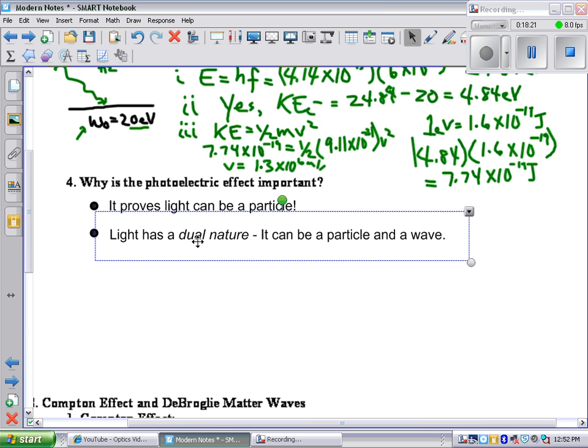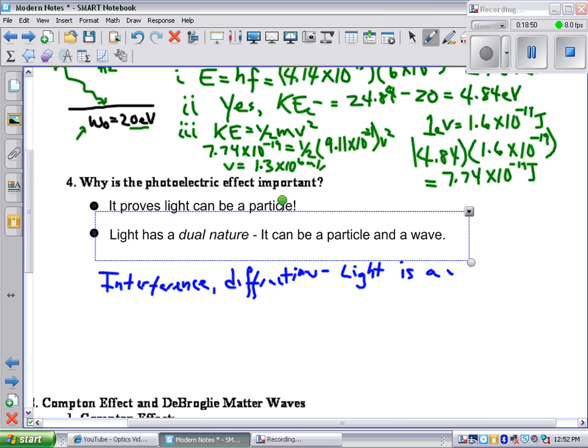And here is the interesting thing, okay? So when light does interference and diffraction, I can only explain that if light is a wave. Okay?